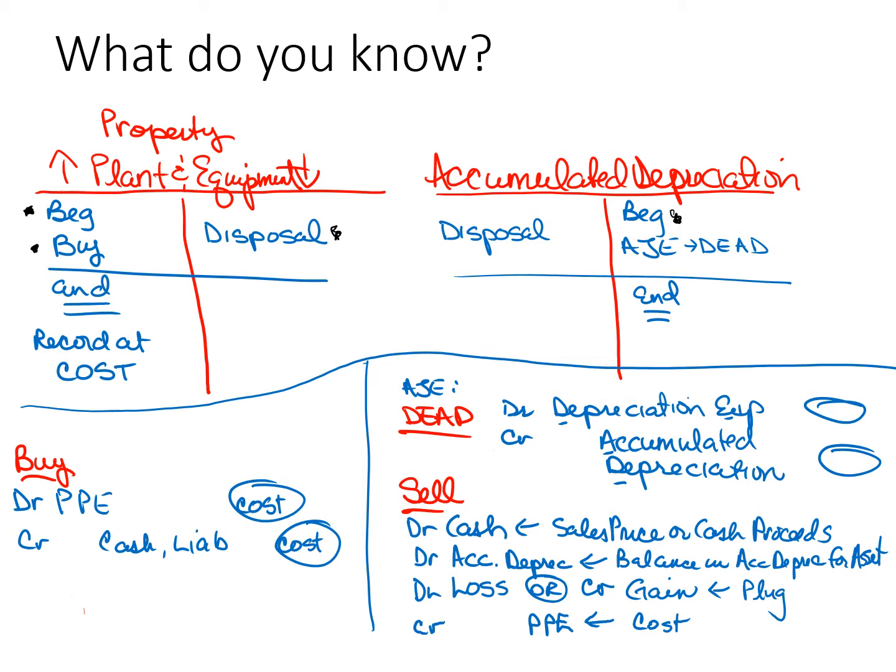The amount that makes this entry balance is we'll either debit a loss or we'll credit a gain for the amount of the difference in the amounts that we've already recognized. So that's what we know. We also know that the book value or the carrying value is the property, plant, and equipment cost minus its accumulated depreciation. So book value or carrying value.